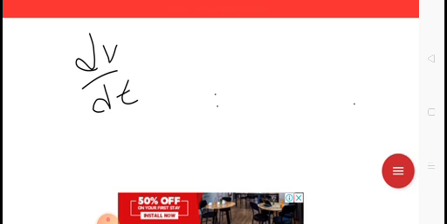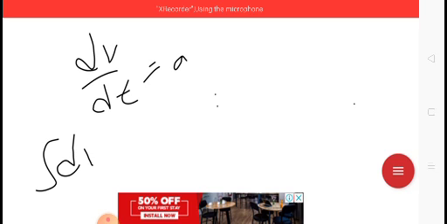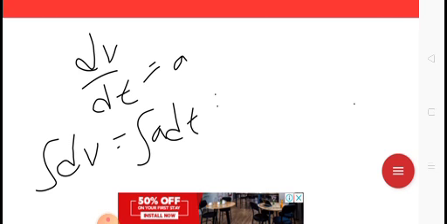For this we will use dv/dt equal to a. So we integrate both sides. Like what you've done in the differential equation, separate them to two sides.